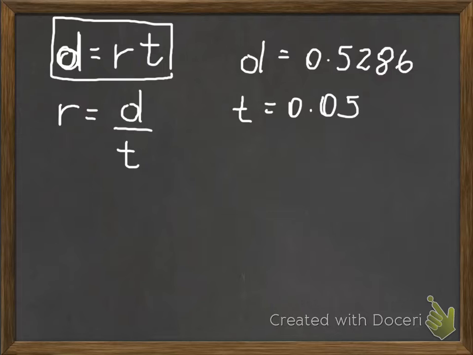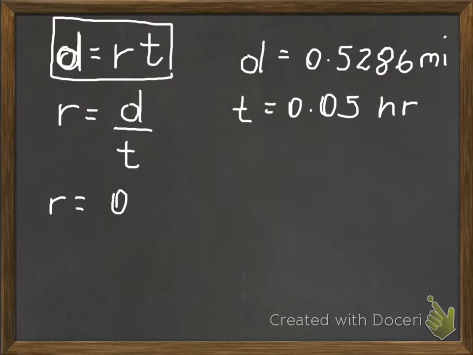Rate is distance over time, d over t. And we found that the distance is 0.5286. Remember, that was miles. We converted that. And the time was 0.05 hours. We also converted that. That's how much 3 minutes is. And we plug it into the formula.